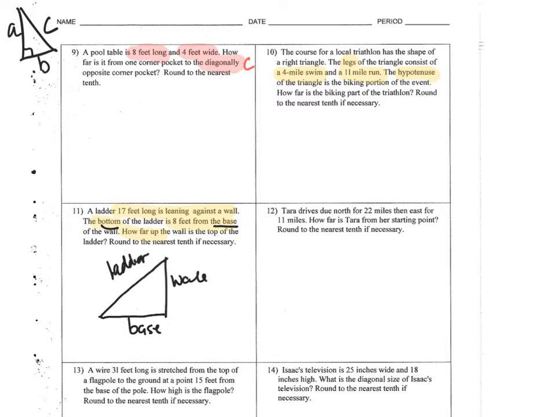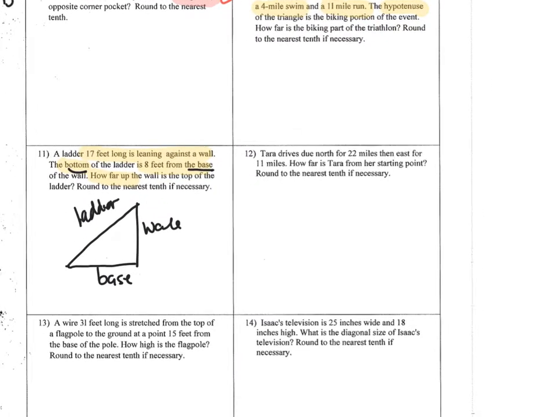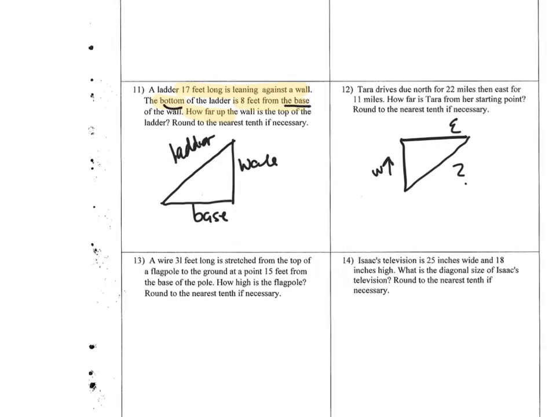Okay? Y'all can figure that out. Tara drives due north, just for kicks. This is north, in case you guys didn't know. Then east, which is this way. So this is north, this is east. So how far is Tara from her starting point? So that's what you're looking for.